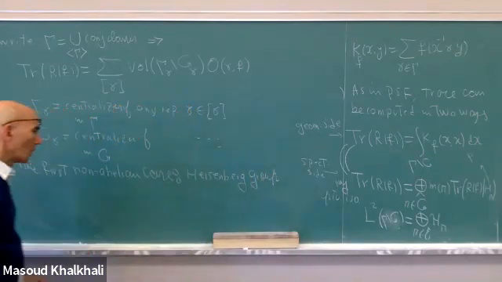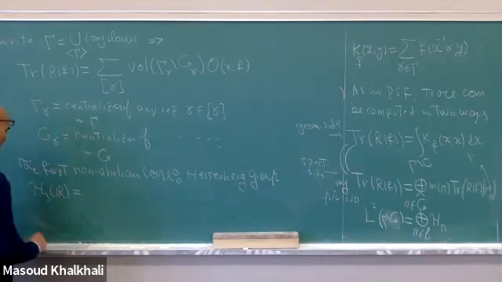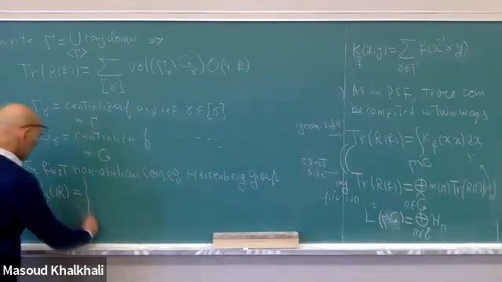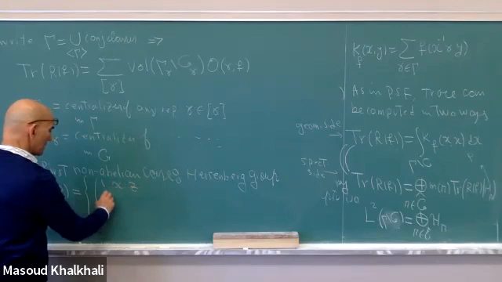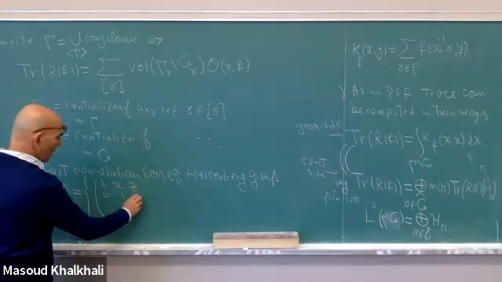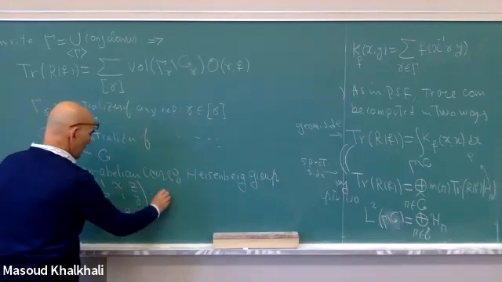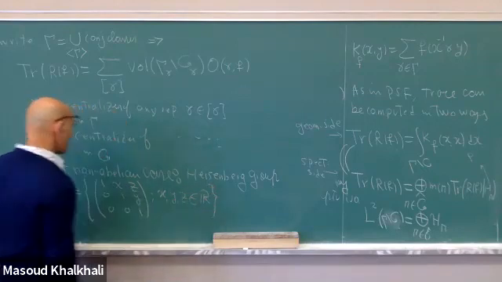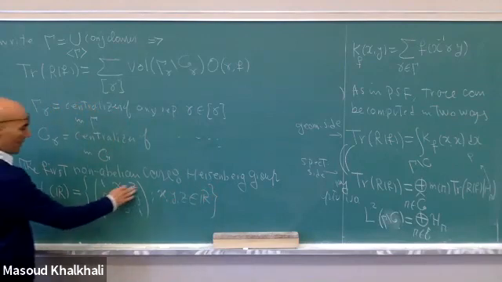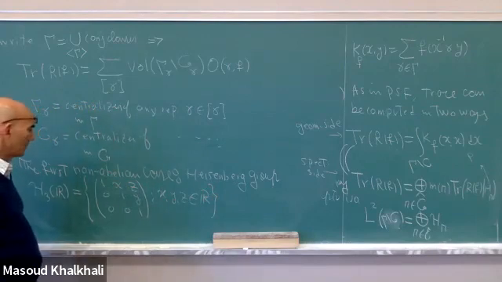This Heisenberg group is like H3 of R, for example. It's the set of all matrices with rows (1, x, z), (0, 1, y), (0, 0, 1), such that x, y, z belong to R. So just upper triangular matrices with 1 on the diagonal.